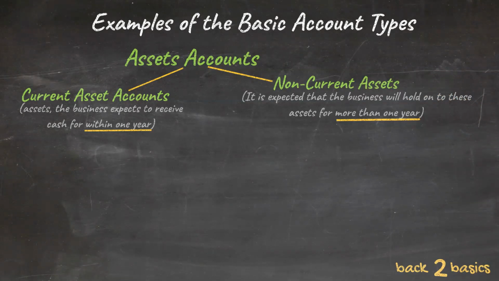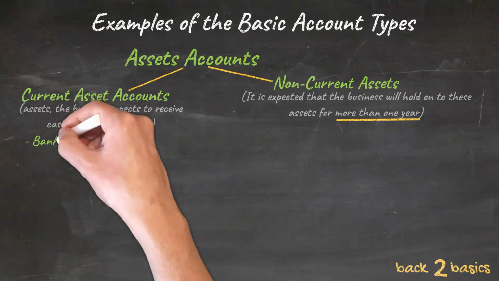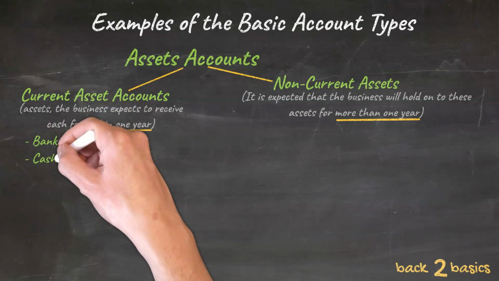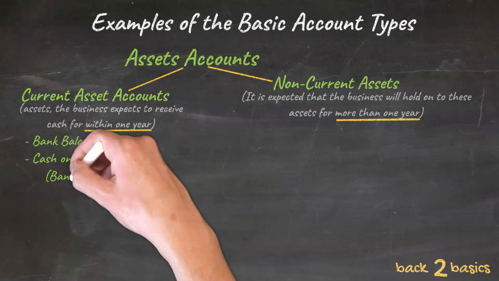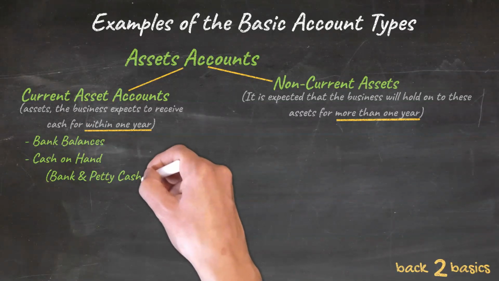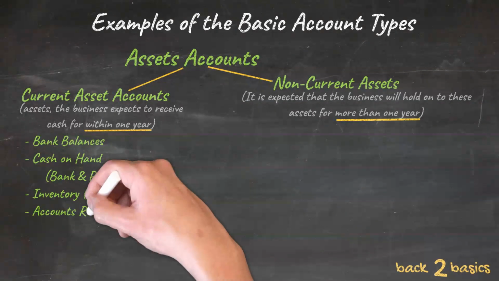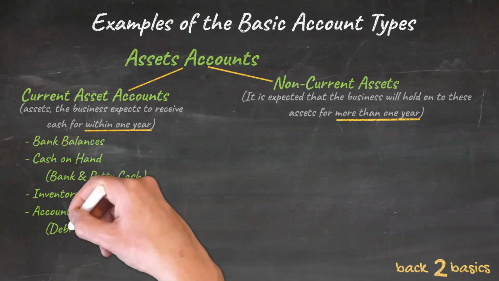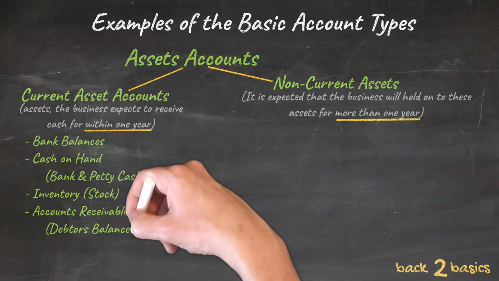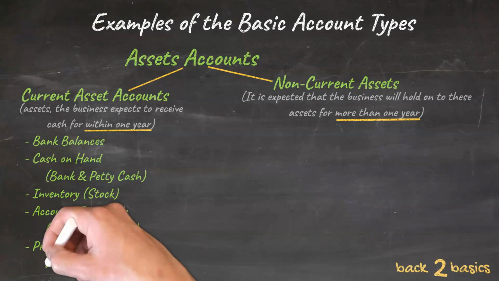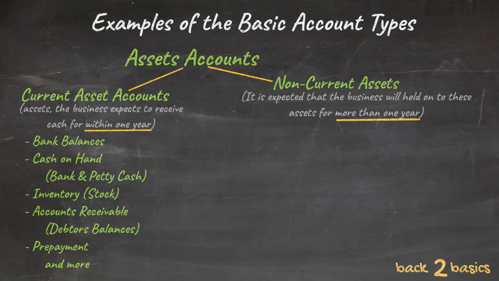Current assets will include accounts such as bank balances, your cash on hand, for instance, petty cash, inventory, accounts receivable, in other words, your debtor balances, prepayments, and many more.